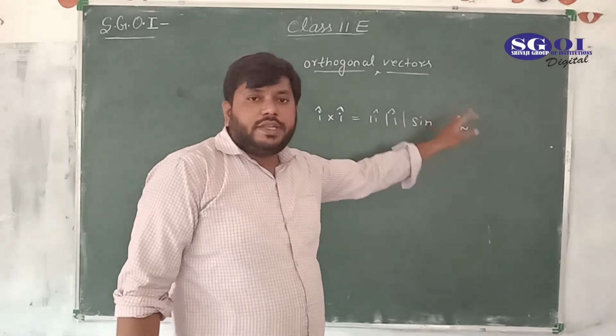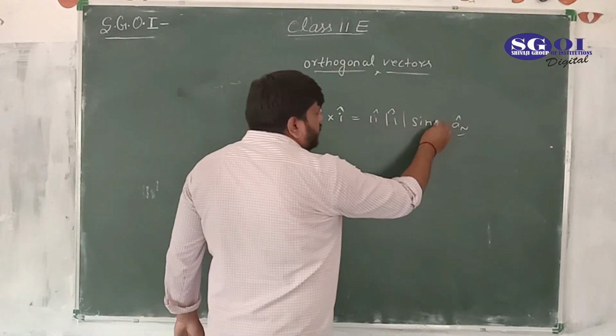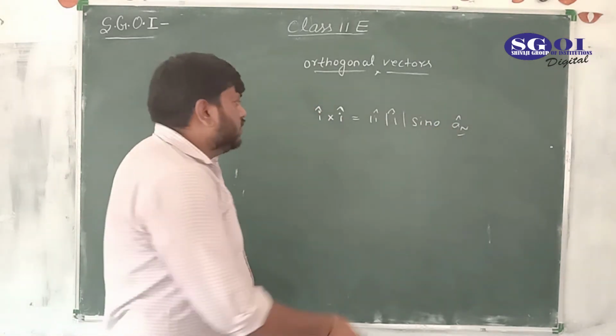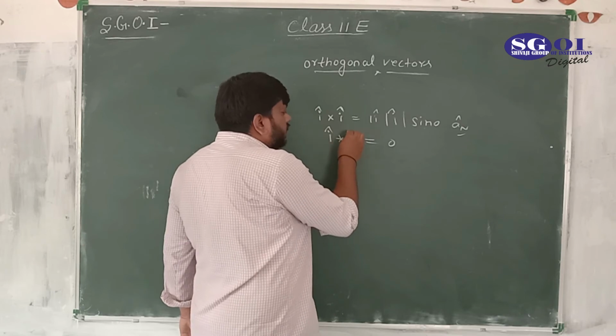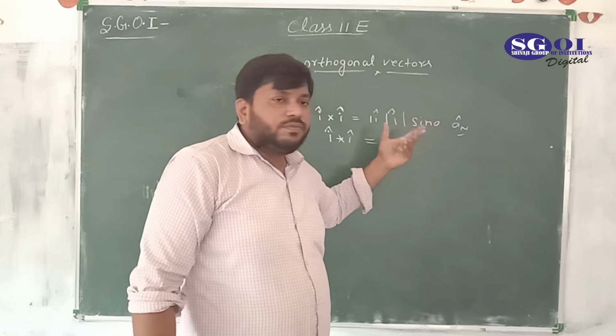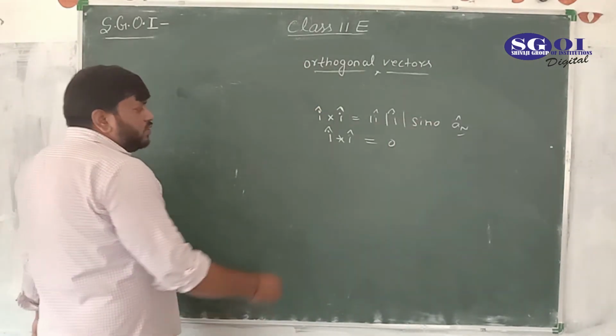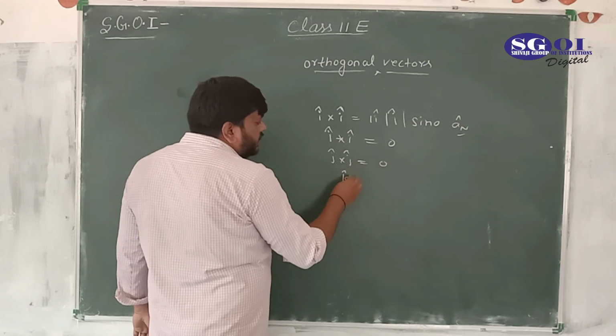Just see the magnitude first. The angle is 0. What is the value of sin 0? 0. So the magnitude of this vector would be 0. So i cross i is 0. Similarly, j cross j is 0, k cross k is 0.